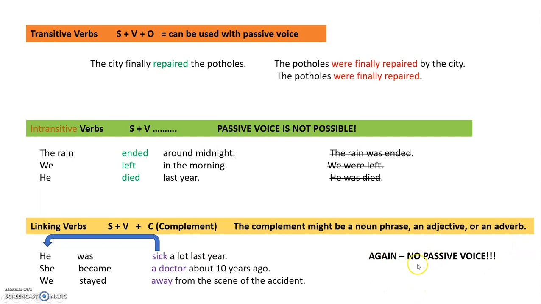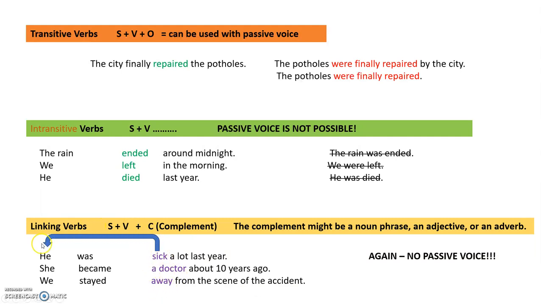These also will not be written in passive voice. Here are some examples. He was sick a lot last year. She became a doctor about 10 years ago. We stayed away from the scene of the accident.